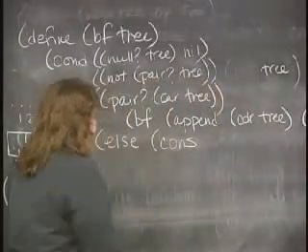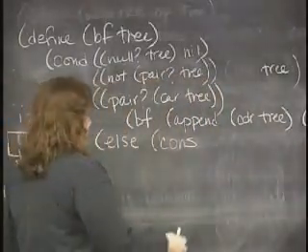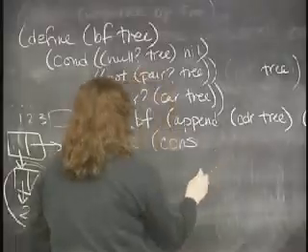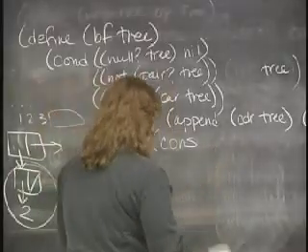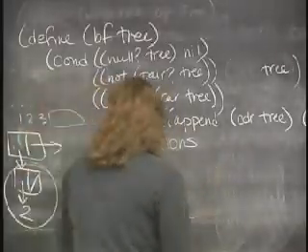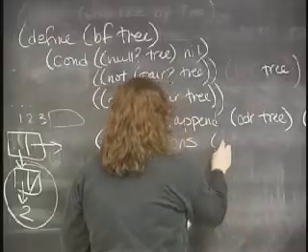I actually wrote this on the handout with append. So now we're going to cons what to what? The car of the tree onto BF and then put it on the tree.